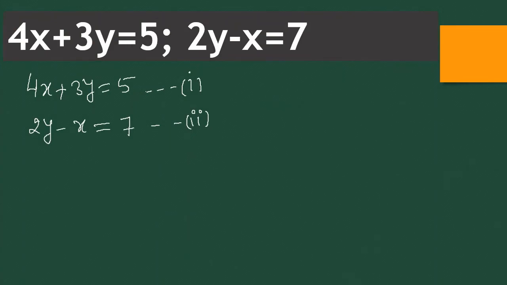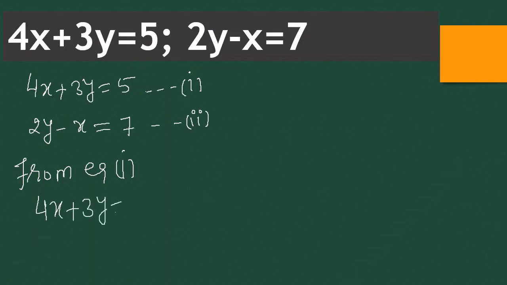So students, I took one more question based on graphical method. The question is 4x plus 3y equals 5 and the second equation is 2y minus x equals 7. So here I'll use the first equation, 4x plus 3y equal to 5.